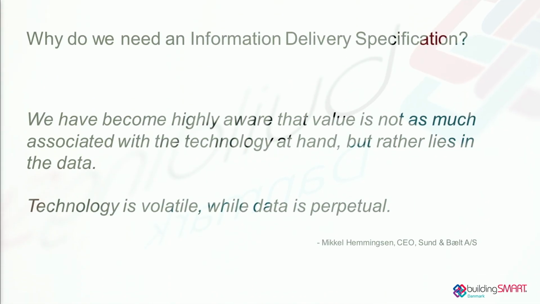So if we look at why IDS is relevant for this project, the CEO of Sonnenbelt is actually telling us here, because for them, information is the most important thing on their project. They're building an infrastructure project which is meant to last for 100+ years. And they cannot rely on technology because that will change over time, but the information and data will be the same.